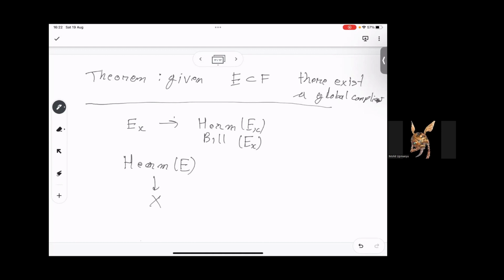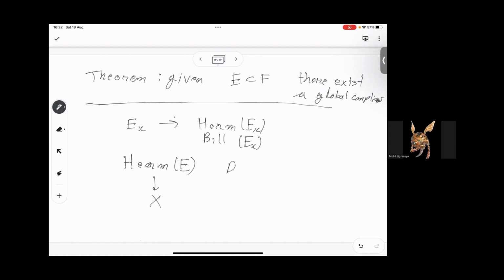Remember, given any vector bundle, we created a functor on vector spaces. We could just apply that functor on vector bundles, in the same way. And now for every point, we just want a section, right?